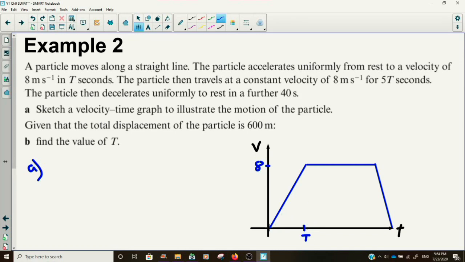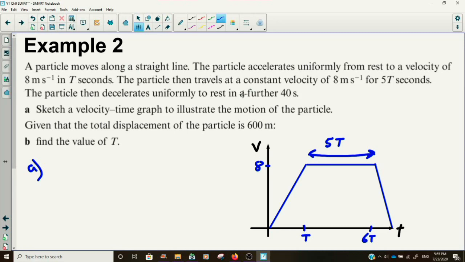The particle accelerated from rest to 8 meters per second. It then has a constant velocity for 5t seconds. So this length here is 5t. Okay, so that makes this point 6t.